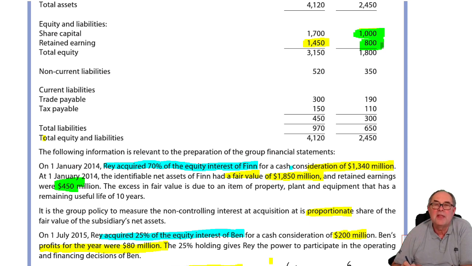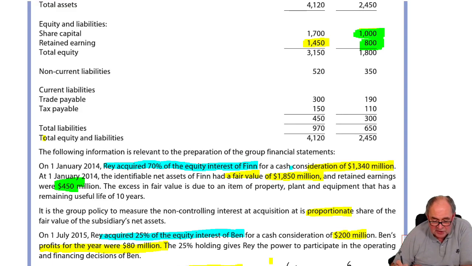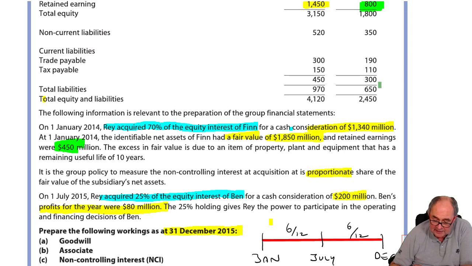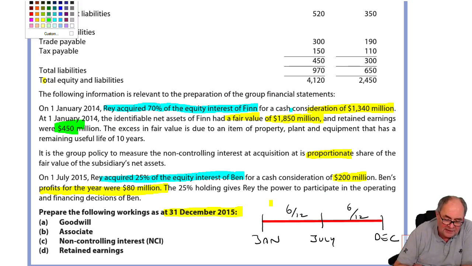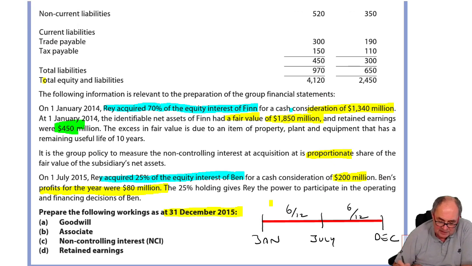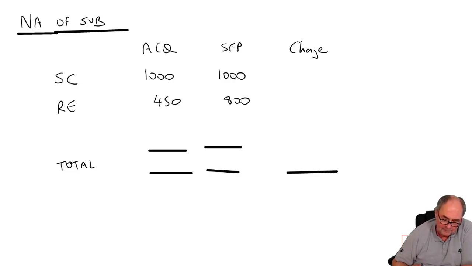Today, they're 800. They were 450, and now they're 800. The other piece of evidence that we've got is we know the total fair value of the net assets. The total fair value of the net assets, we've already used this number, was 1850.